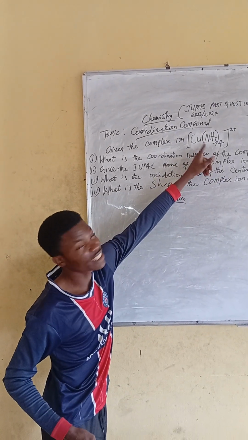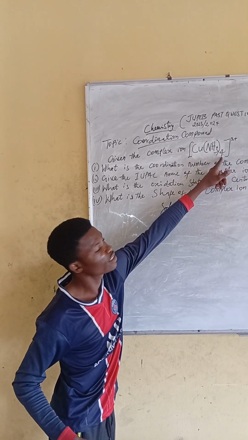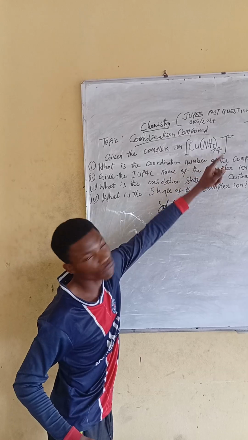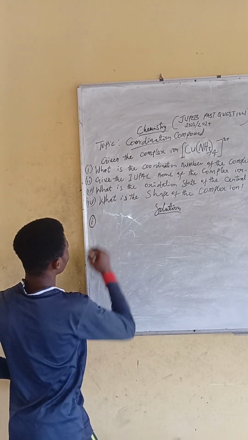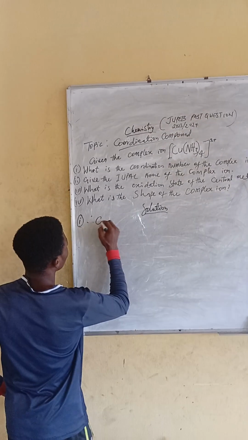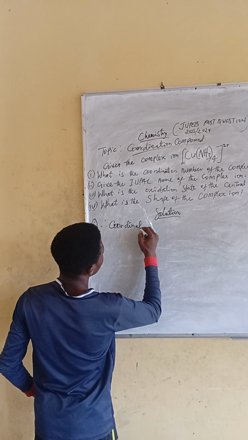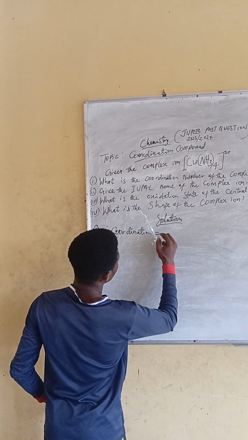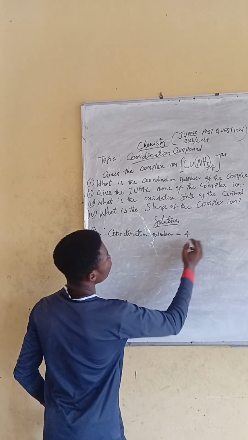Here is the ligand, and the number multiplied with that ligand is 4. So our coordination number equals 4.